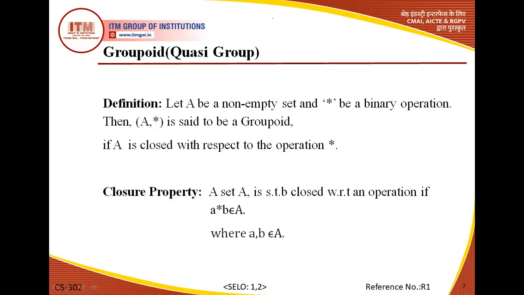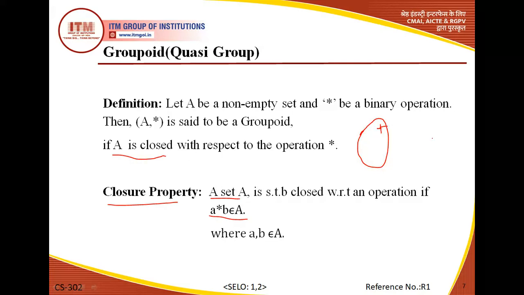What do we mean when we say it is being closed under some operation? For closure, we should know what the closure property has to say. Let's suppose we have a set called A. It is said to be closed under an operation if a star b belongs to the set. Let's take the operation as addition.